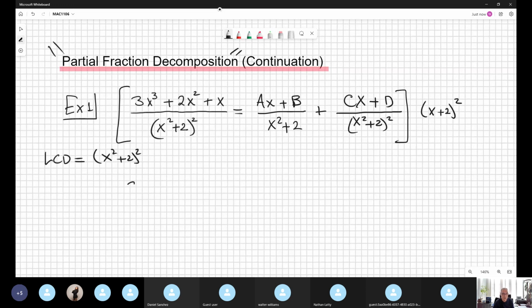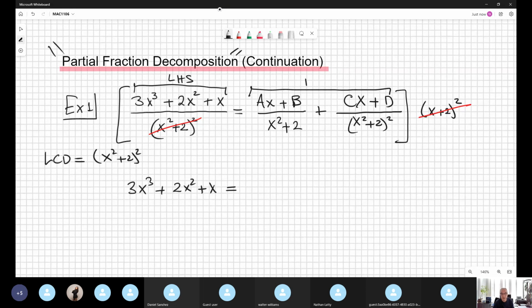You have 3x cubed plus 2x squared plus x in the left hand side, because this and this are canceled when you are doing the multiplication. Now in the right hand side it is different. You multiply this times this, but the right hand side contains two components. It's a binomial, no? This and this.